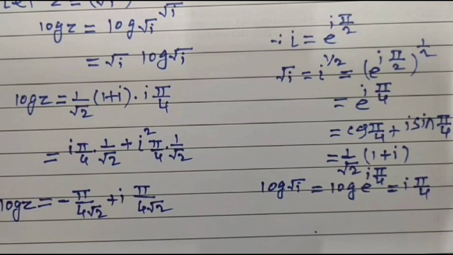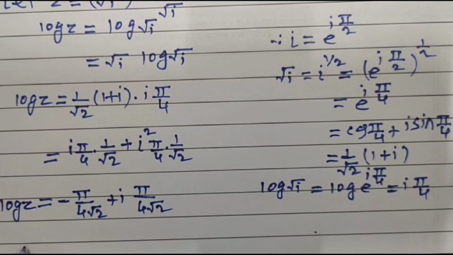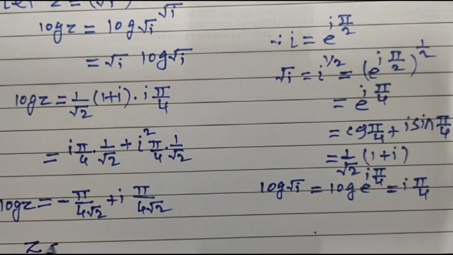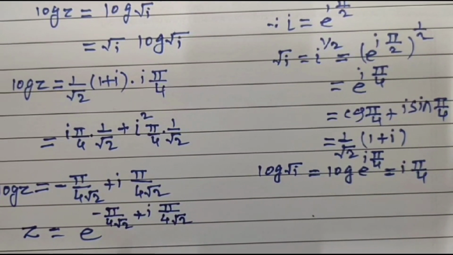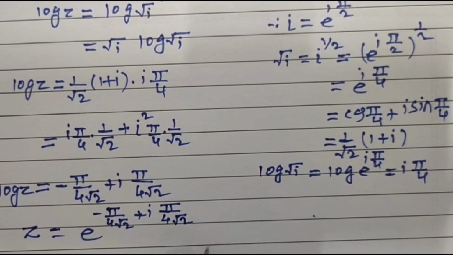Okay. Now taking exponential on both sides, the given complex number z is equal to e to the power minus pi divided by 4 root 2 plus i into pi divided by 4 root 2. But e to the power m plus n is nothing but e to the power m into e to the power n.